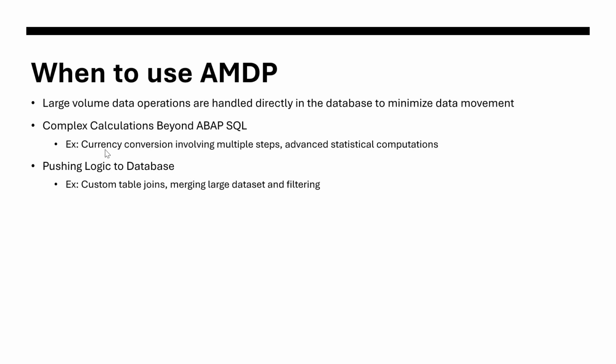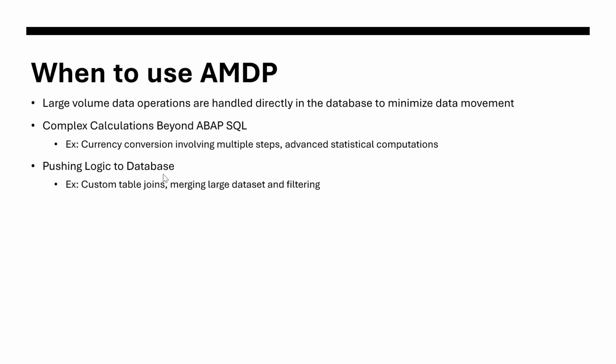And the second point is complex calculations beyond ABAP SQL. So if we have any complex calculations, and using AMDP we can do it in a single AMDP method or single AMDP class, then it is advised to go with the AMDP. And one more is pushing logic to the database.